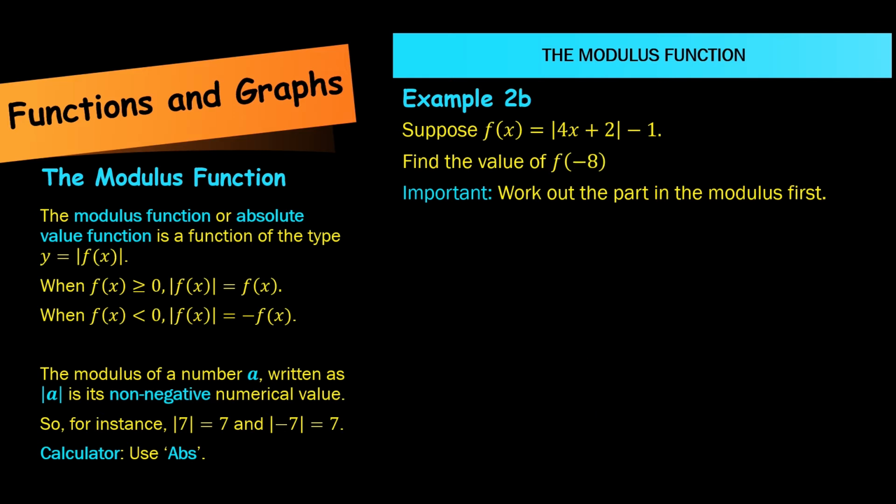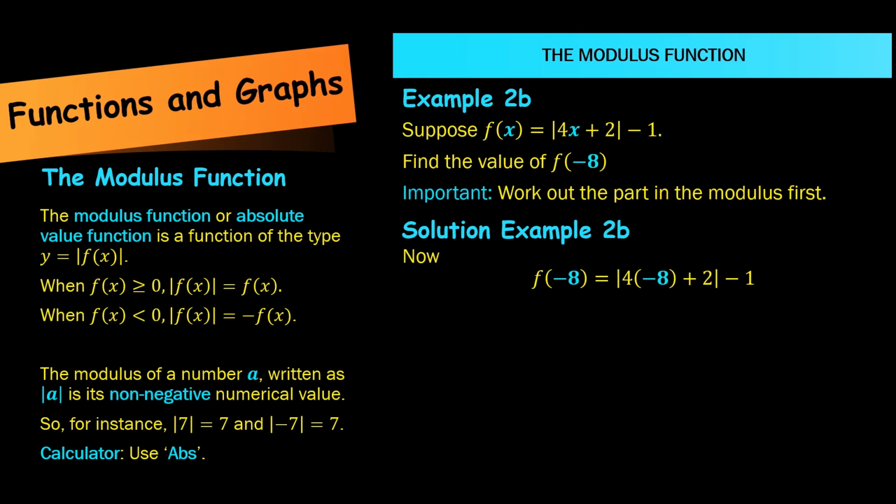And now for part B, we are required to find the value of f of minus 8. So let's solve this. Again, let's plug in x equals minus 8 this time into our function, to give us 4 times minus 8 plus 2 in a modulus, minus 1, as shown.